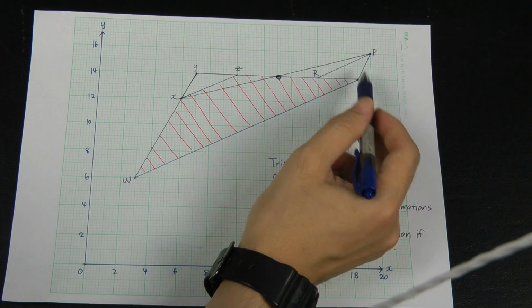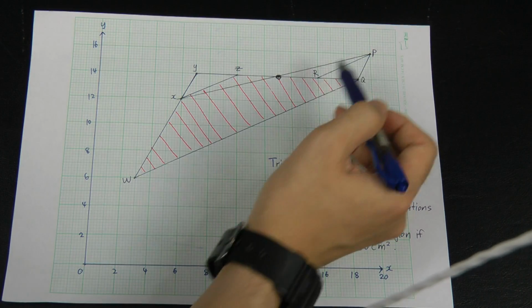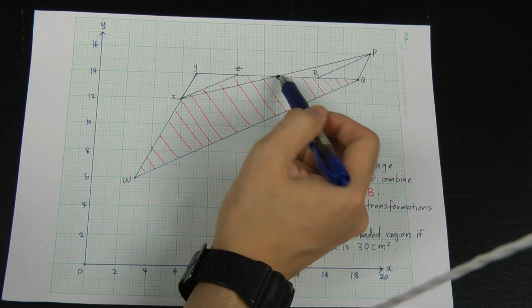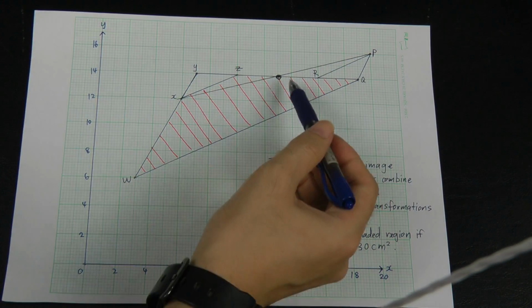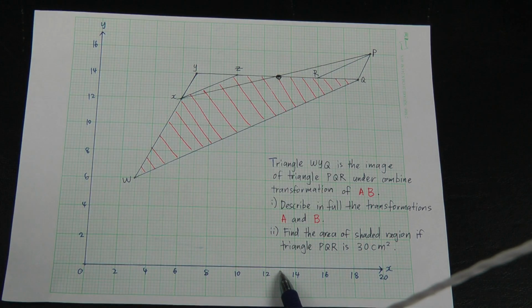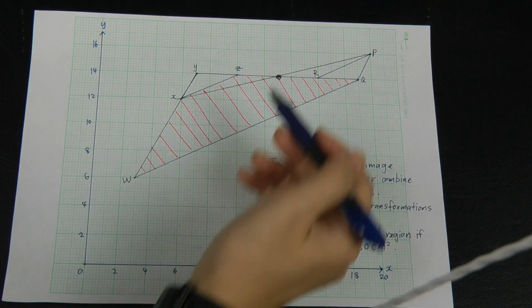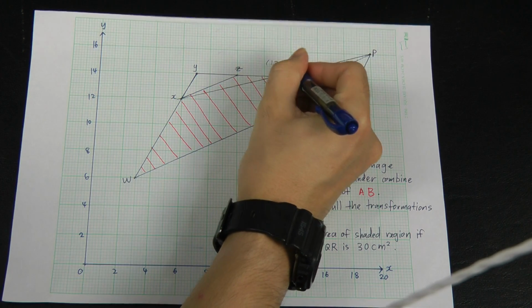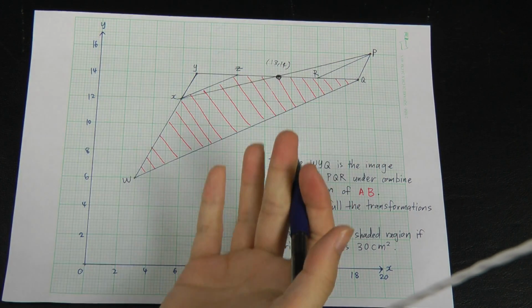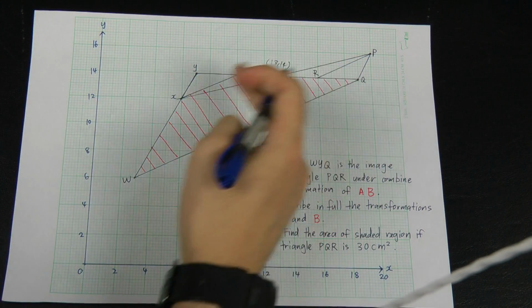If I connect Y to Q and I connect X to P, both of the straight lines actually pass through this coordinate, which will be 13, 14. So this one, 13, 14, will be the center point of these two triangles.